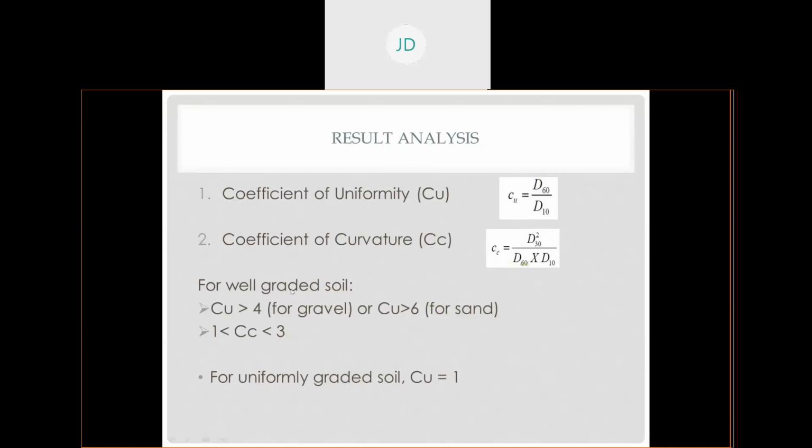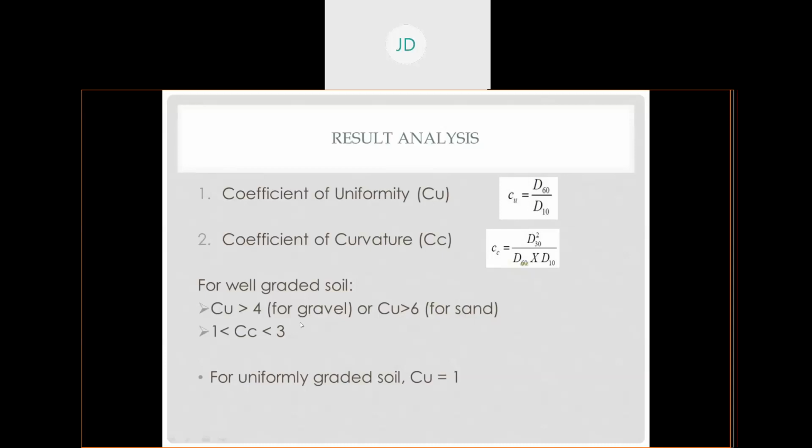Only if these two conditions are satisfied can you say the soil is well-graded soil. I'm repeating: for well-graded soil, Cu, the coefficient of uniformity, must be greater than 4 for gravel, or greater than 6 for sand, and the coefficient of curvature must lie between 1 and 3. If one of them is not satisfied, then you can say this is a poorly graded soil.